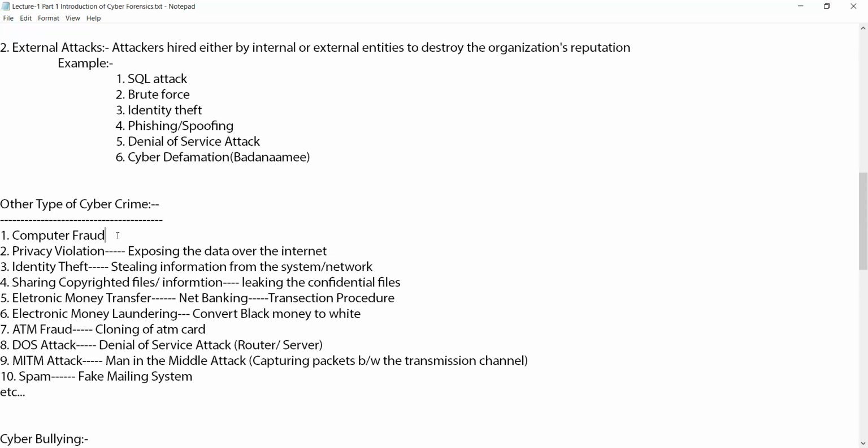Can anyone tell me what type of ATM fraud is being done by cyber criminals nowadays? Anyone? Carding. Carding. Okay. What type of procedure are you using in carding, Shrikanta?